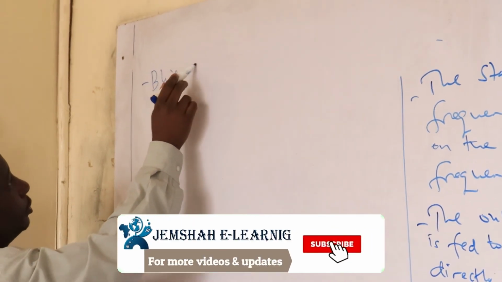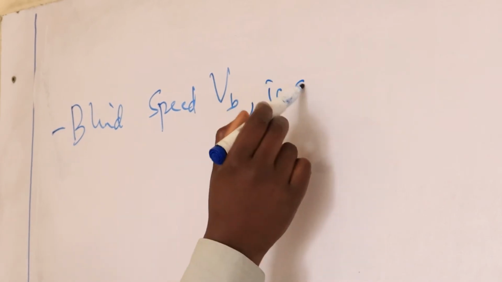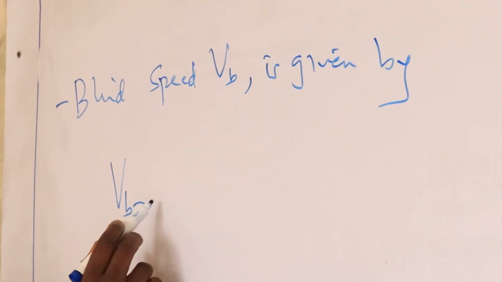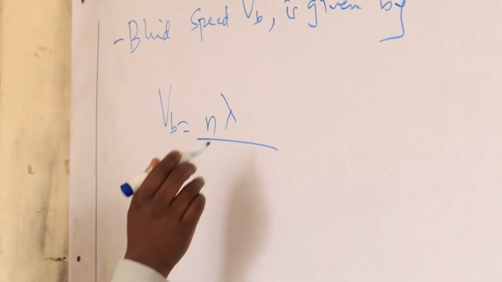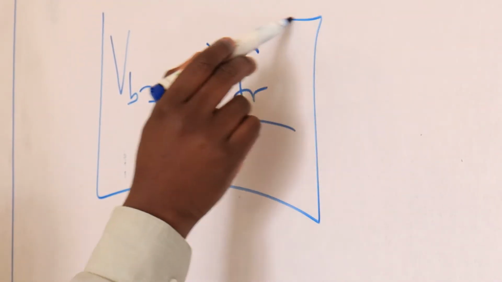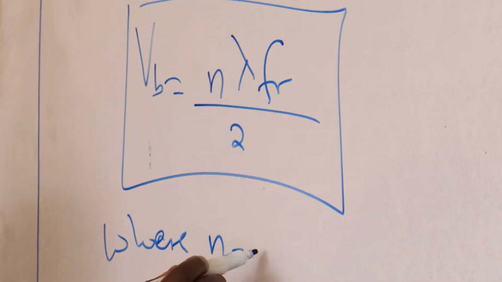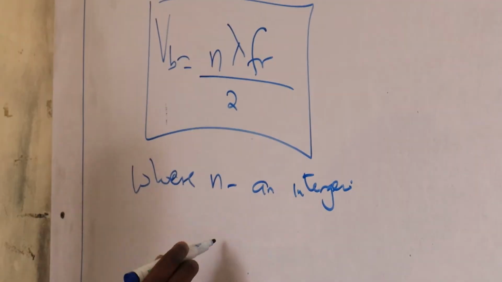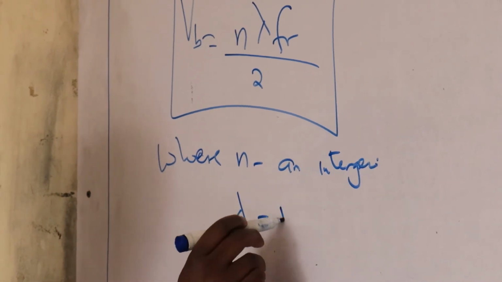So blind speed is given by the formula, where n is any integer, and this is the wavelength of the transmission.